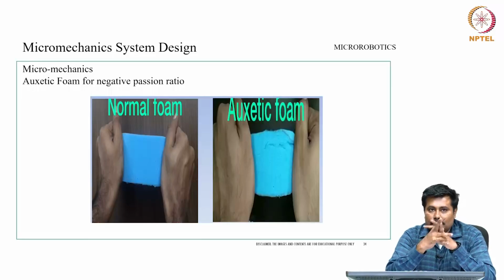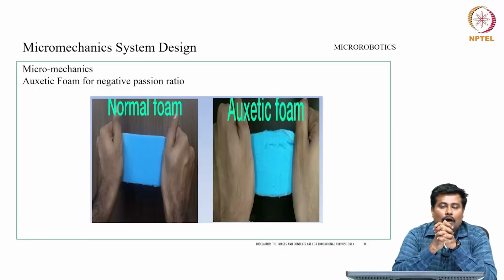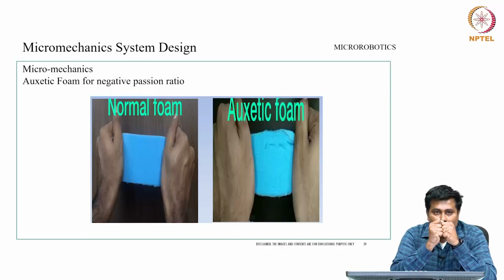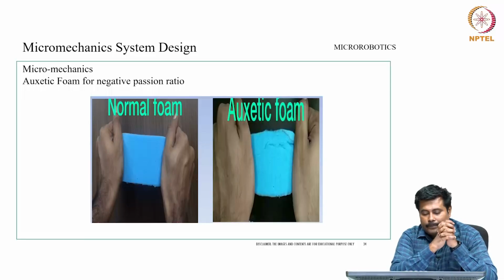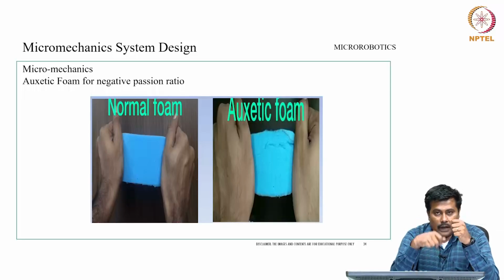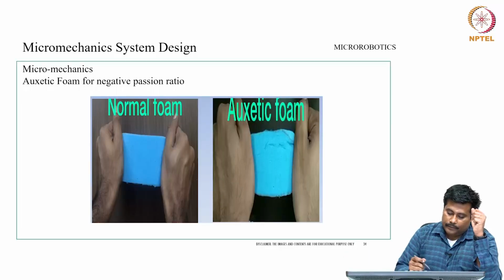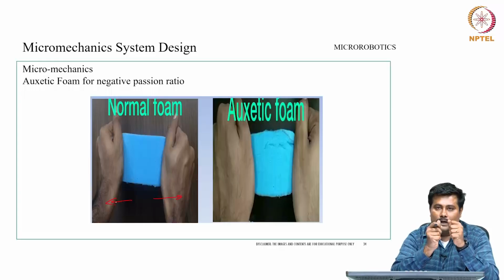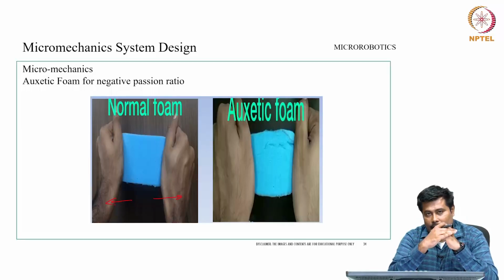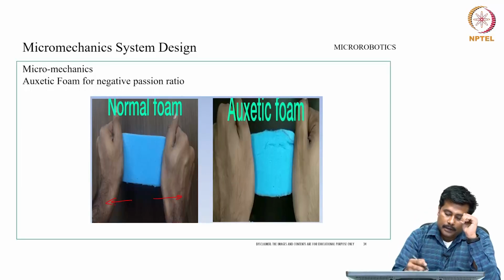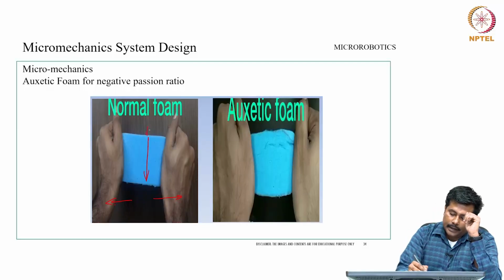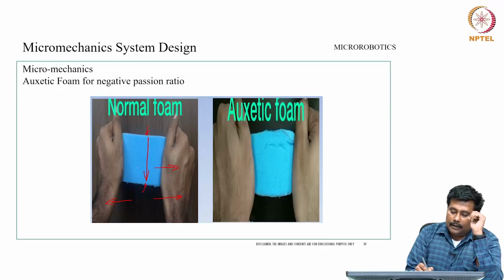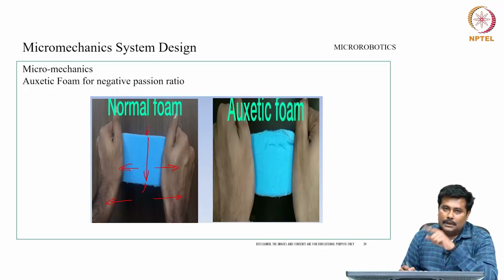If we closely observe these auxetic structures, or auxetic foam, they have the capability to have a negative Poisson ratio. Now, what do we mean by this negative Poisson ratio? In the case of a normal foam, as shown in this figure, when I pull it in this particular direction, it is expected that the diameter will get reduced, that is, along the breadth it gets reduced, and appropriately it will be compensating along the length.